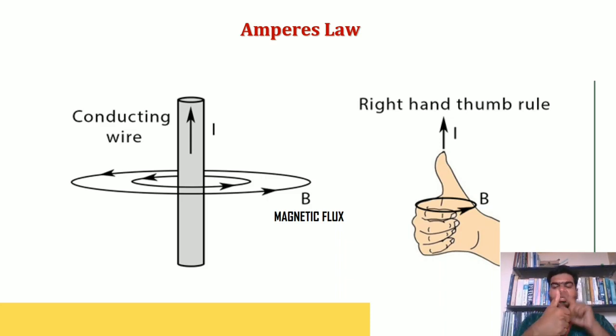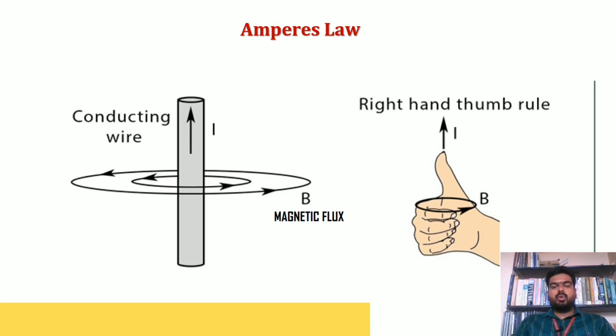Just assume there is a straight line, a current, like a conductor. If there is any current flowing in this conductor, there will be a magnetic flux produced around this conductor. That is called the right hand thumb rule, that is Ampere's law.